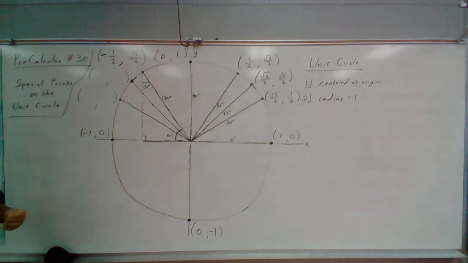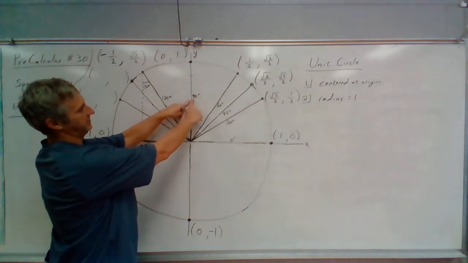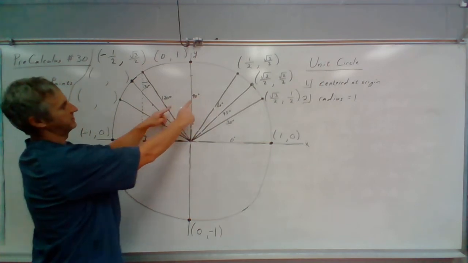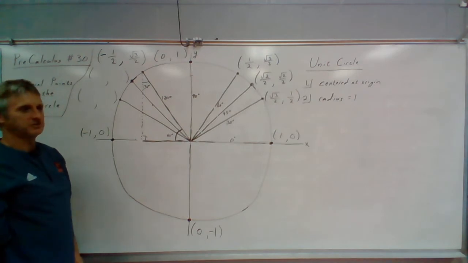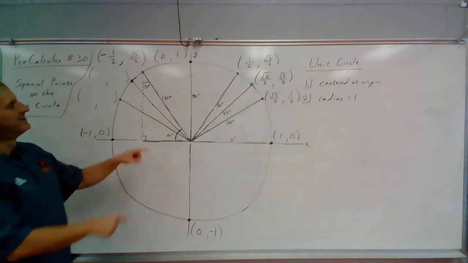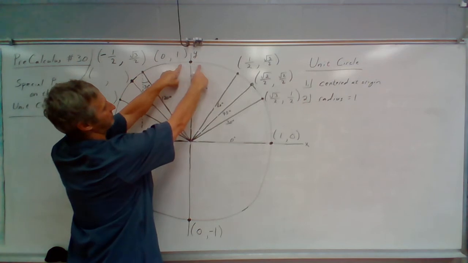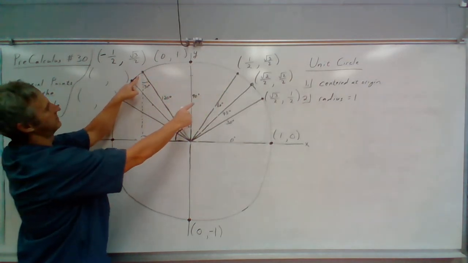All right, so we can continue around the circle and keep drawing these triangles, but there's a quicker way of doing this if we think about it and we're smart. Notice that it's 30 degrees from here to here. It's 30 degrees from here to here. So these points, now those crows are right in my face. They really want to learn trig. All right, so it's 30 degrees from here to here, 30 degrees from here to here. So these points move the same distance around the circle.